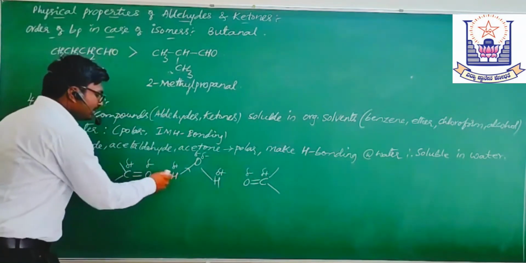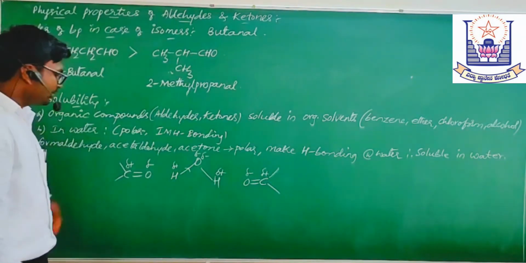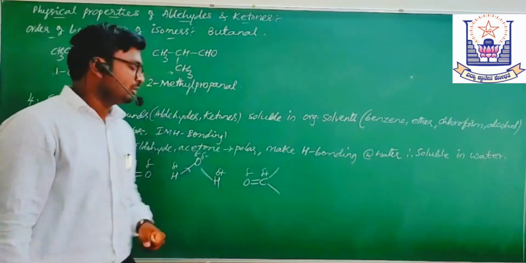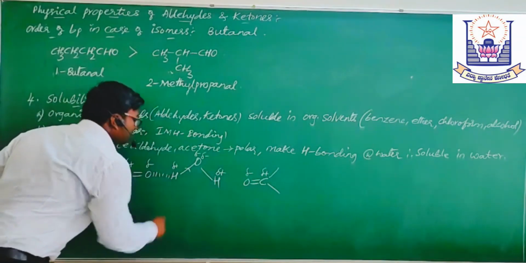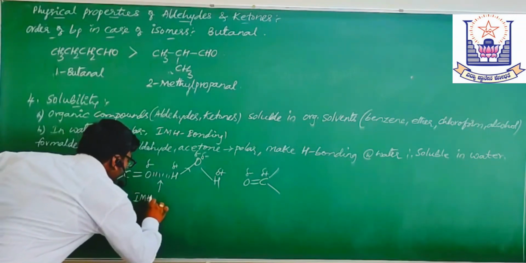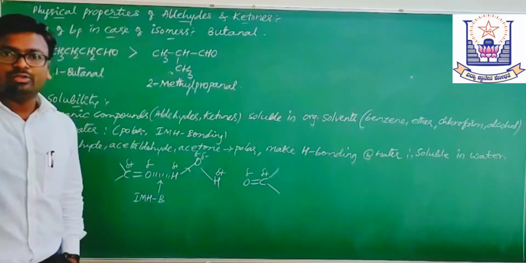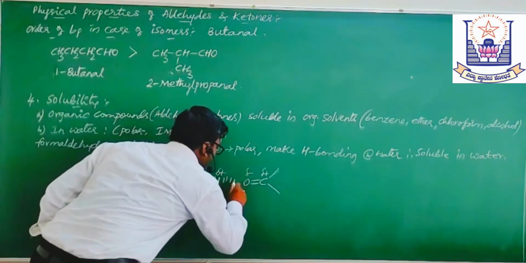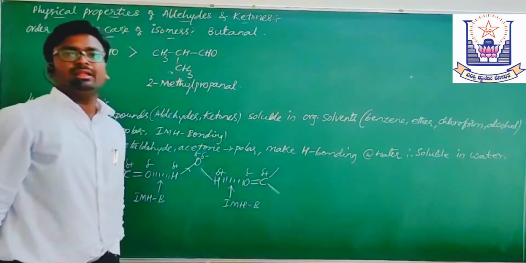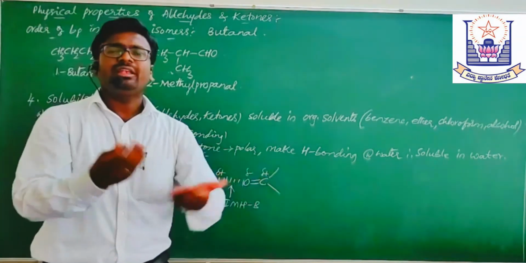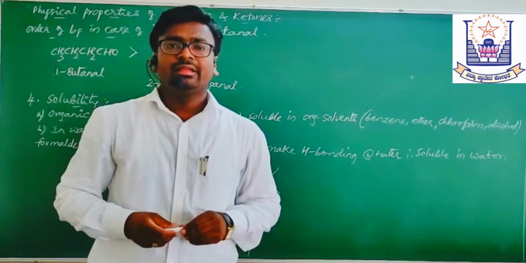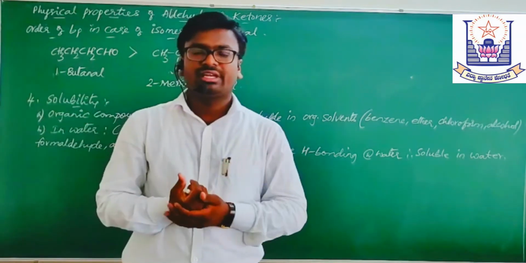Here, delta plus and delta minus are near each other, have opposite charges, and attract each other. This attractive force is intermolecular hydrogen bonding. When we call the attractive force hydrogen bonding, we need to understand the definition of hydrogen bonding.